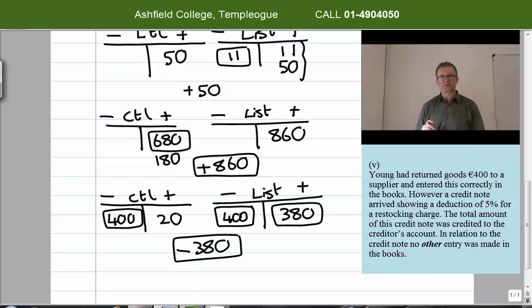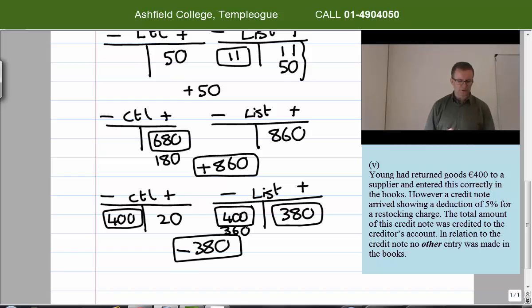In the list itself, it's worthwhile to use the calculator and type in minus 400 plus €380 and press equals, and you get a minus 20. So your target figure is minus 380, and we ask what's the gap between minus 20 and minus 380? So I can squeeze in €360 there on the debit side of the list.